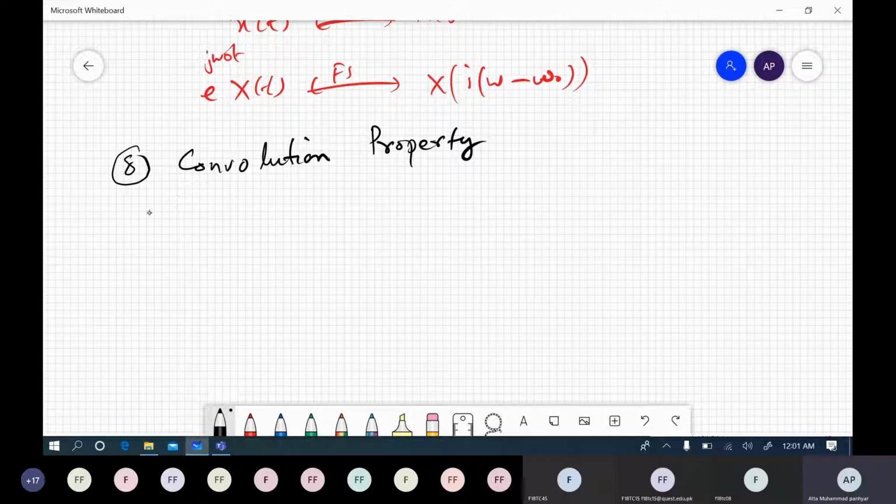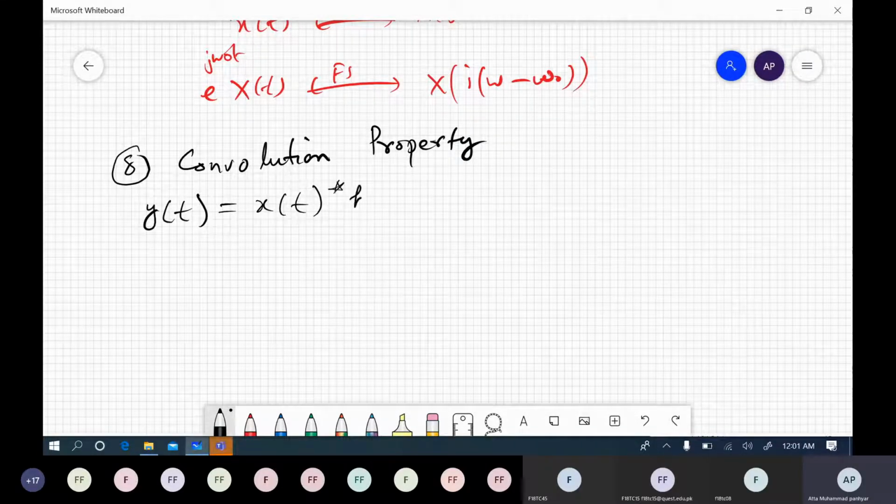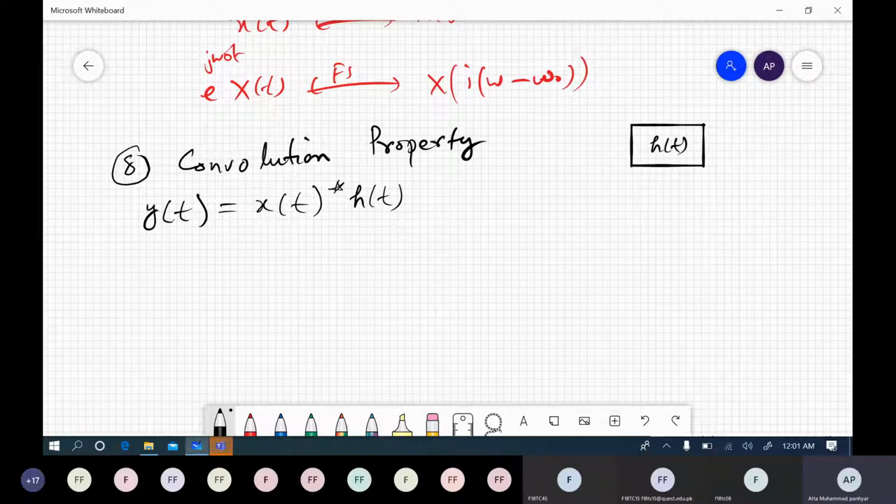If we have an output signal of an LTI system, it is always equal to the input signal convolved with the impulse response of the system. We said in earlier classes that if a system has impulse response h of t, and x of t is fed into the system, then the resultant output is always the convolution of the input signal and the impulse response.